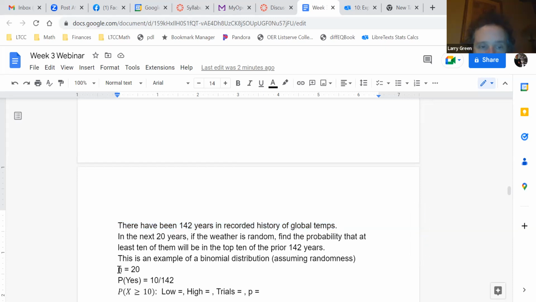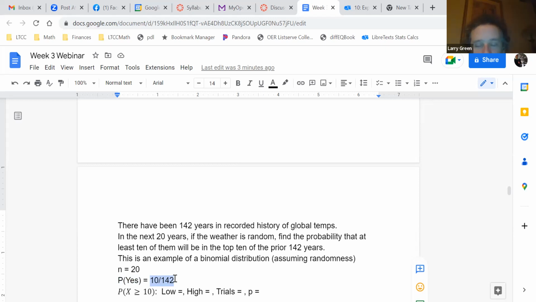All right, so just a letter we use for sample size is n. We mentioned that last week, I believe. So n is 20, and that's the sample size. The probability of a yes answer, where yes means you're in the top 10, would be 10 over 142. Any questions on that?